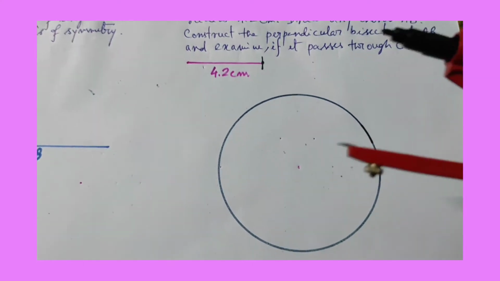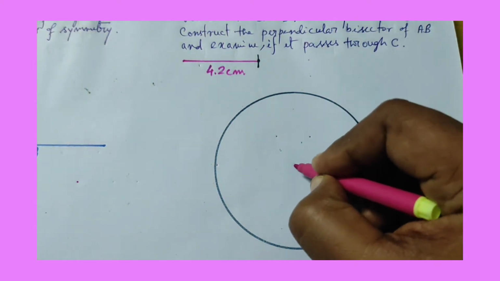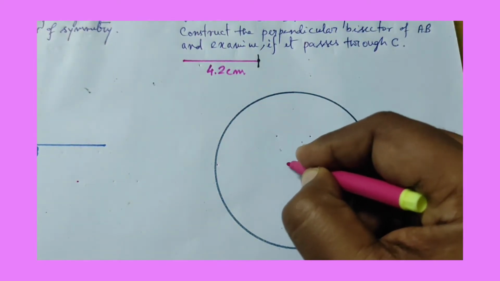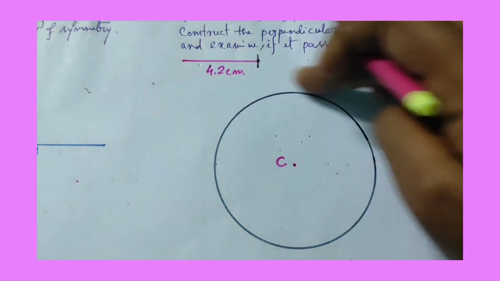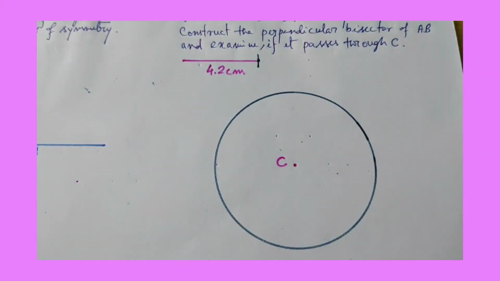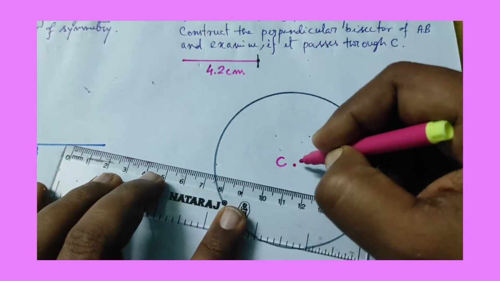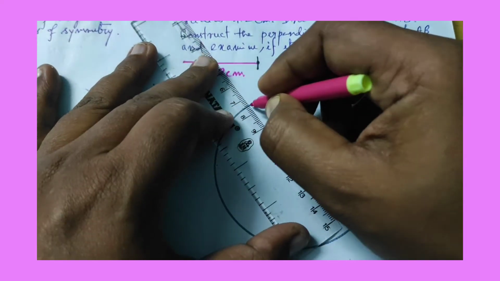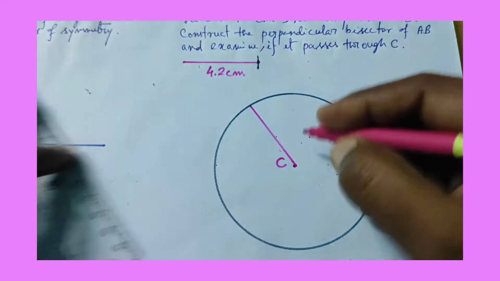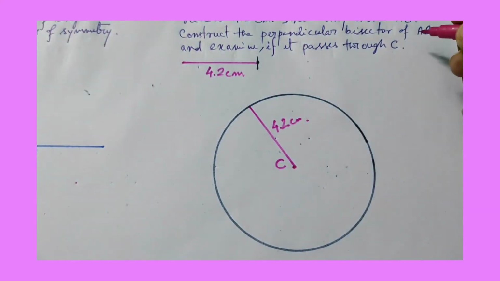Okay, so this is our circle of radius 4.2 centimeter, and the name of this center is C. So C is the center and this is the circle of radius 4.2 centimeter. Let us indicate a radius also. Suppose this is the radius 4.2 centimeter.